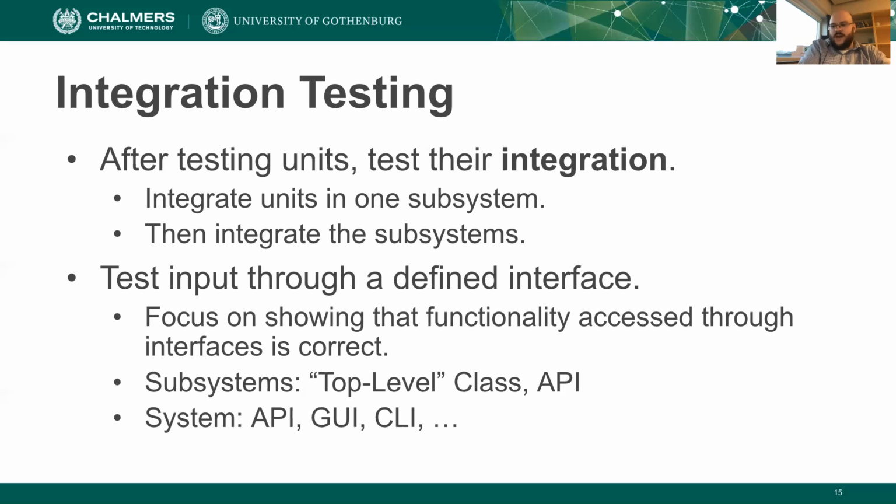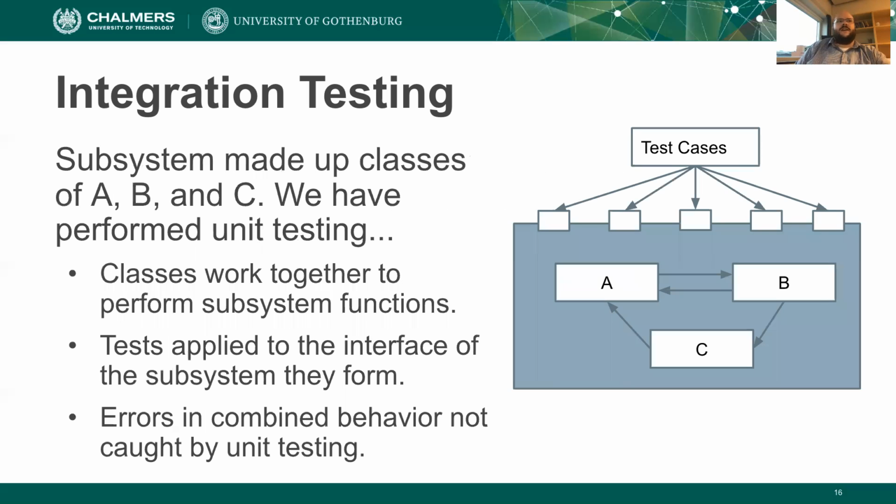But we have some kind of interface that defines certain high-level functions that we can interact with. And within that, it's going to bring together different elements of the system to perform those functionalities. Right? So for example, we might have a subsystem made up of classes A, B, and C, and we perform unit testing on A, B, and C, and they're working quite well. But now we have to bring those together to perform the functionality of that subsystem.